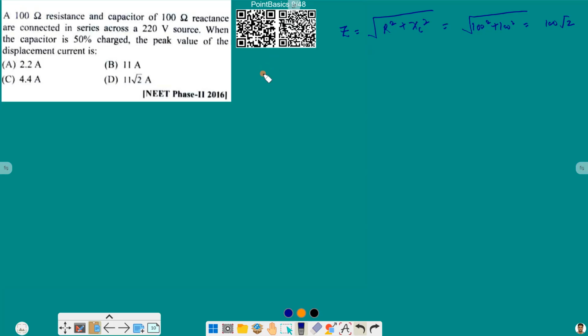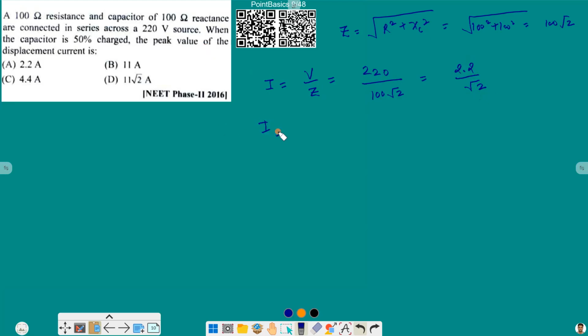The current I will be V by Z. V is 220, divided by Z, that is 100 root 2. So that will be 2.2 divided by root 2. And we have to find the peak value.